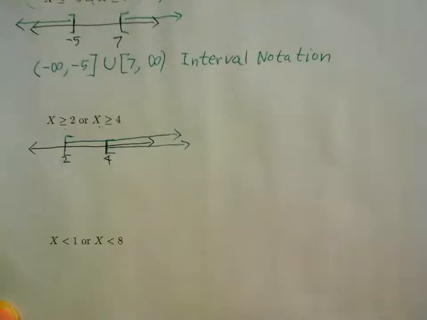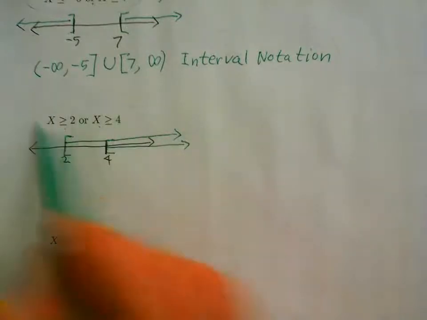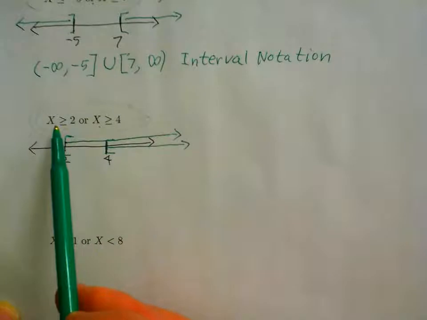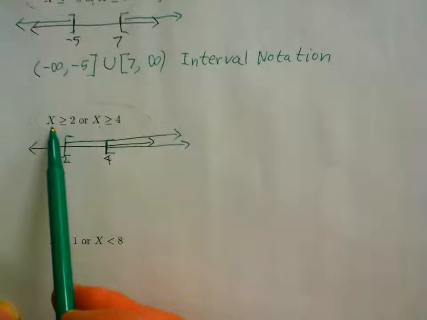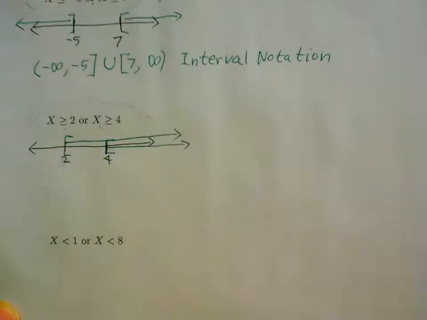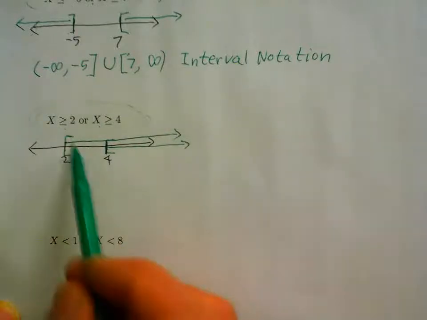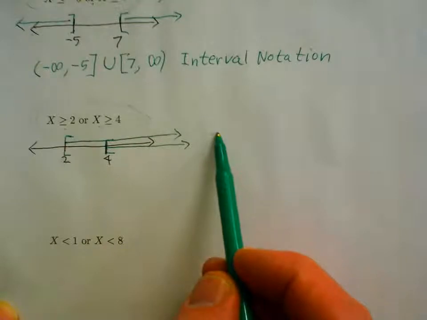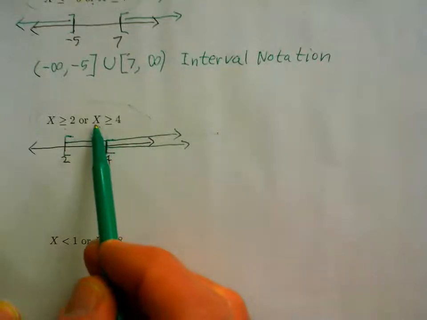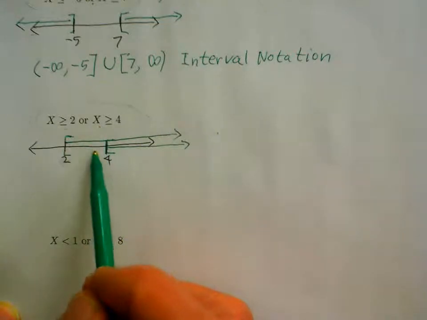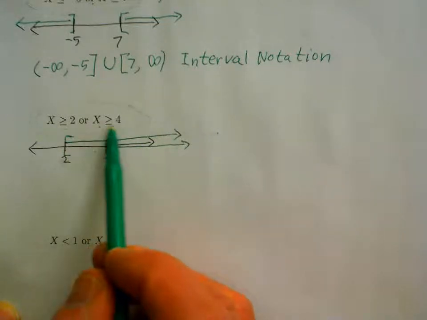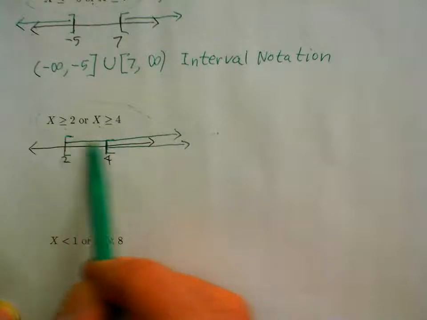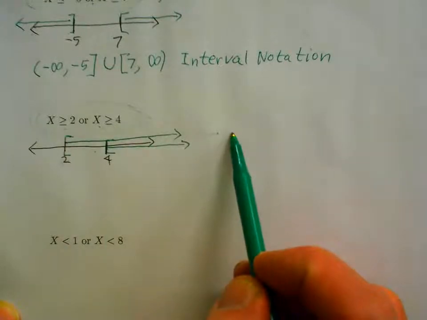So a number x is in this set if it satisfies at least one of the two conditions. So a number x is in a set if it's greater than or equal to 2. But all of the other numbers are already in that set. The numbers that are greater than or equal to 4 are already in the set of the numbers greater than or equal to 2.